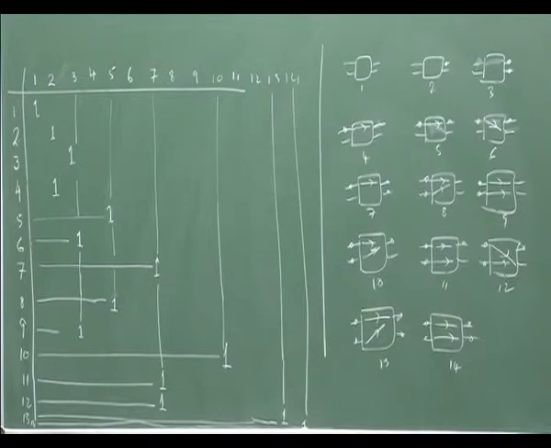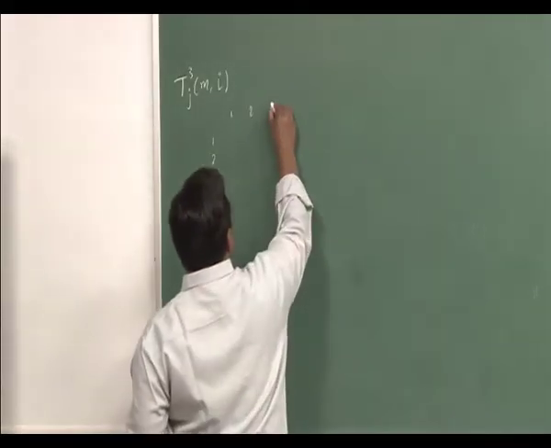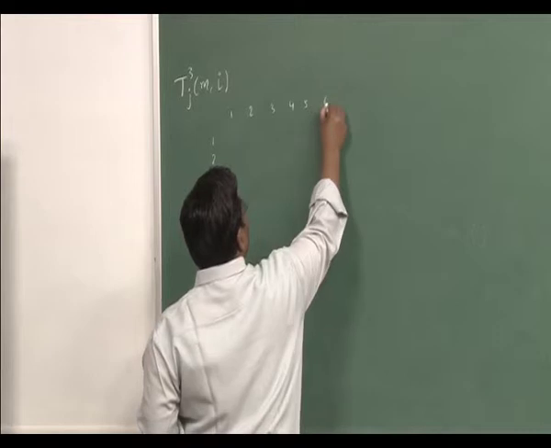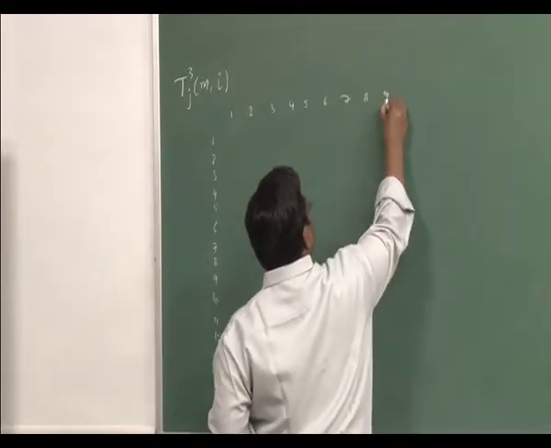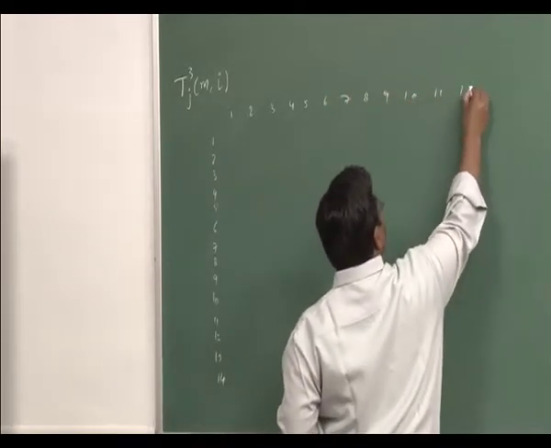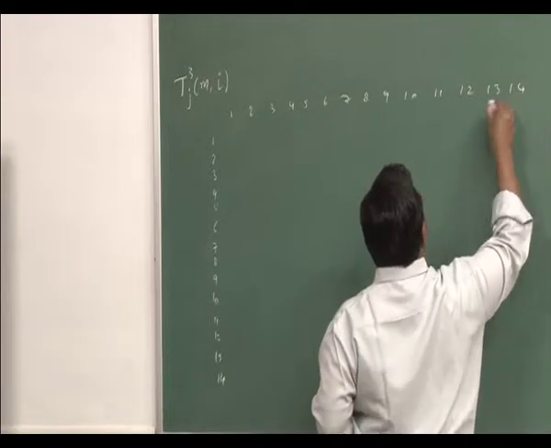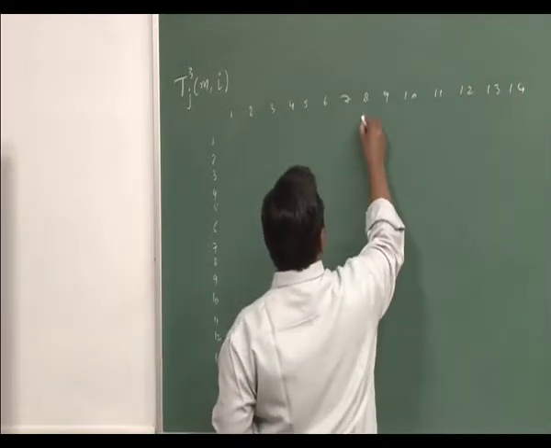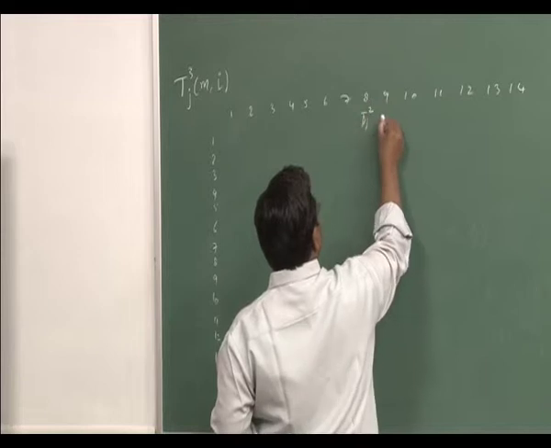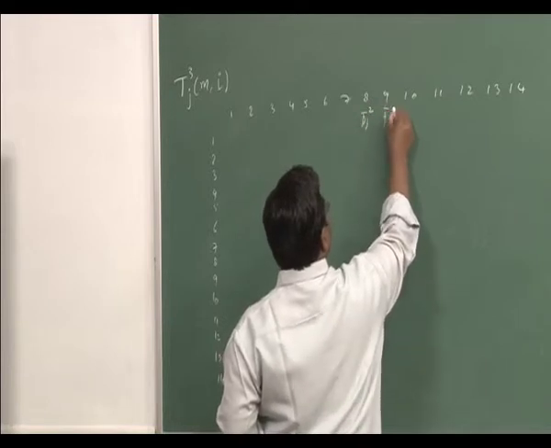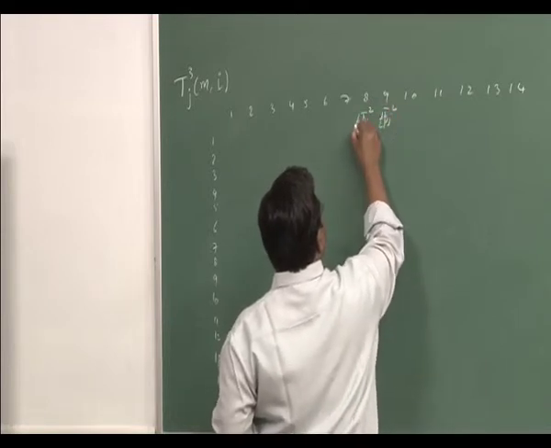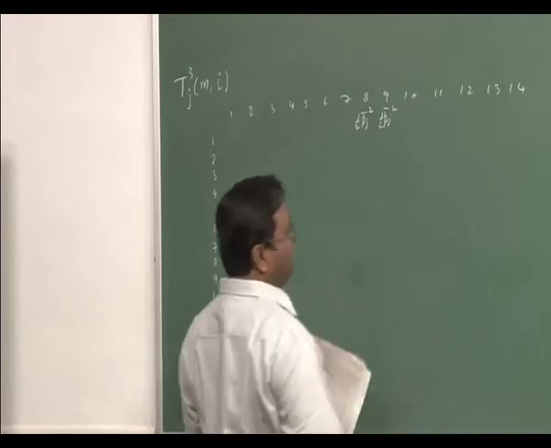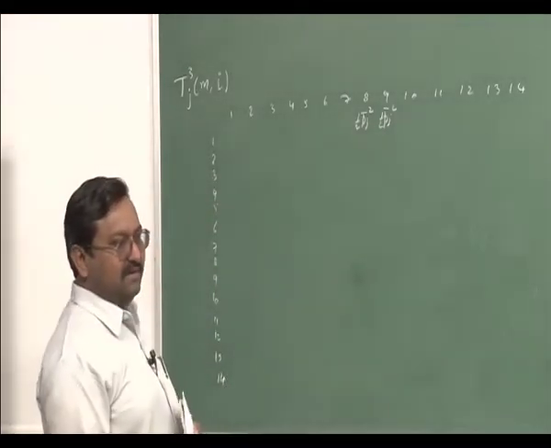So you have to write now 8 and 9. So this will be Pj bar square, half and half, when both packets are arriving.